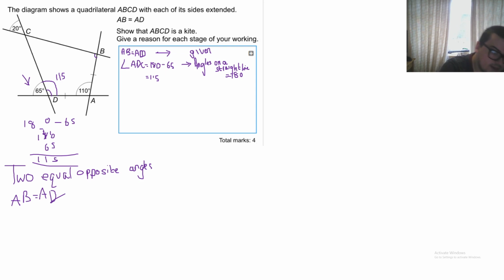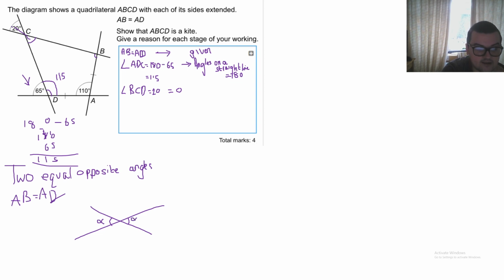So now we can't find this ABC yet, we don't have anything to go off, but we can find BCD, this angle. So we can say that the angle BCD is 20 because opposite angles are equal. So this angle, when you have a pair of lines, this angle and this angle are always equal.